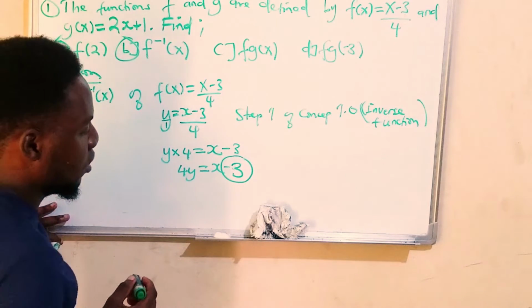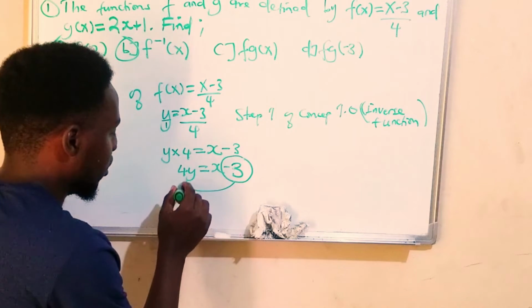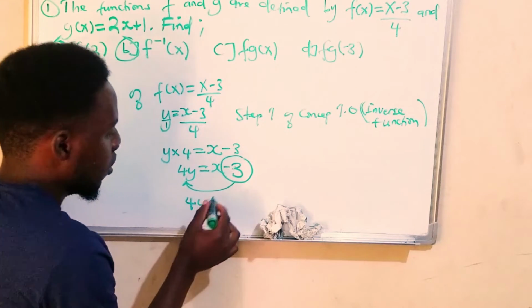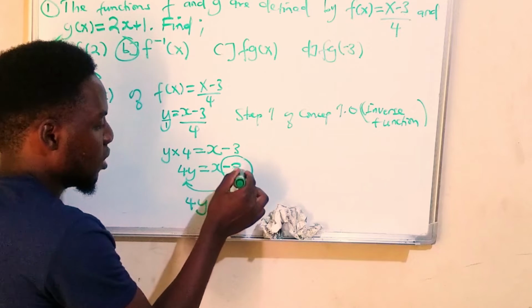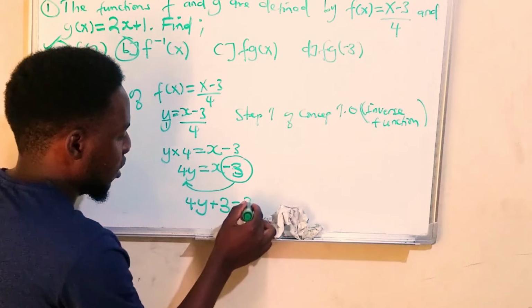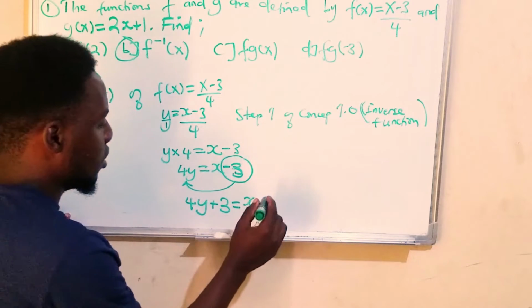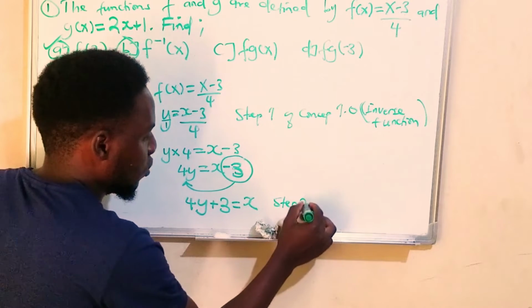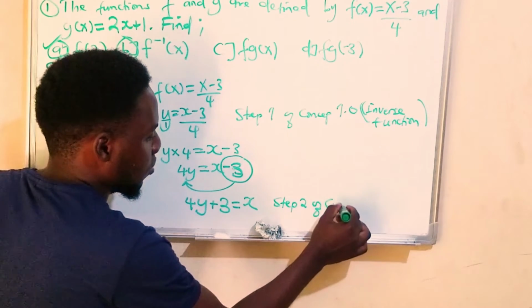That's negative 3. You take it to this side, so it will become 4y plus 3. When this negative number crosses the equal sign, it becomes a positive value. So you have that there. This means that we have made x the subject of the formula. So this is step 2 of the concept.